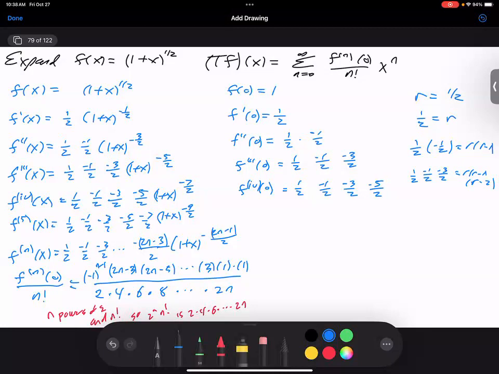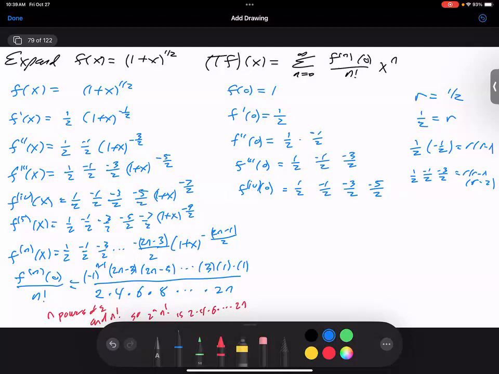It's not complete, it's missing something. But what factorial does this look a lot like? Well, what did we have? 2n minus 3, 2n minus 5, 2n minus 7, 2n minus 9. What would you like to have if you had a binomial coefficient? What should the numerator look like?